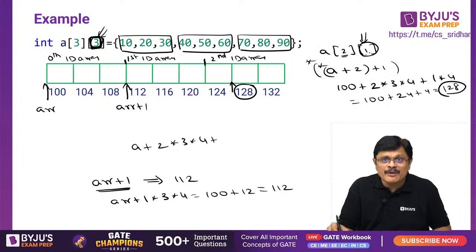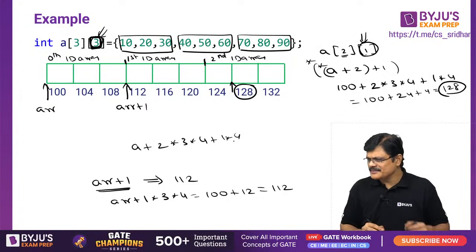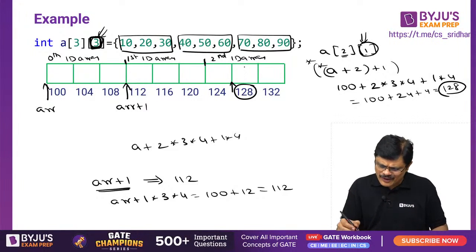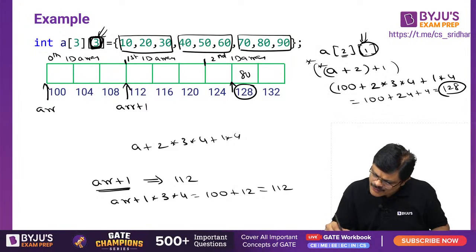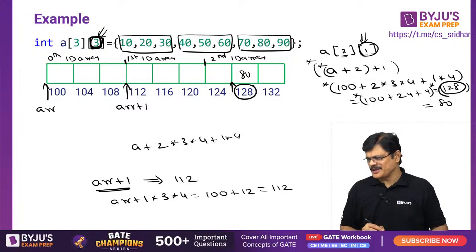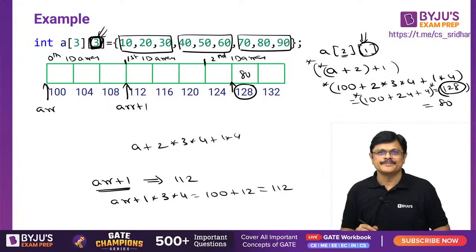Then what is this element? 1 into size directly will give you the answer. Its value is whatever is stored now, that is stored in that. 80 is the value. If you want value at this address, what is value at this address? That is 80. Perfect, Arshpreet. Perfect. That's the story. Hope you understand.